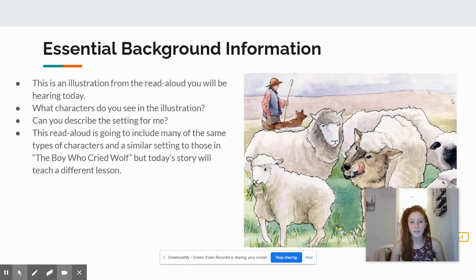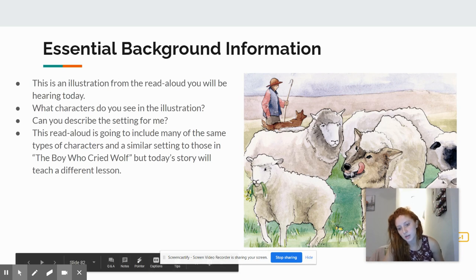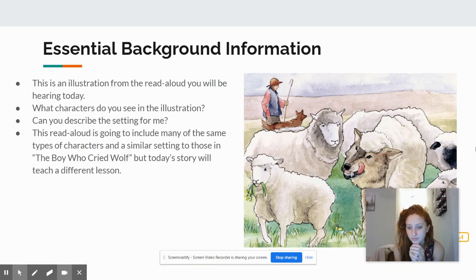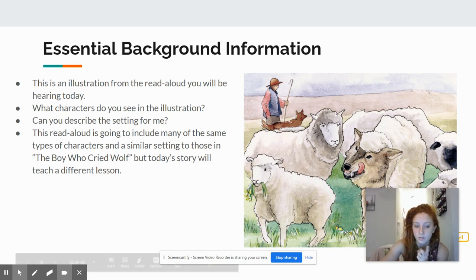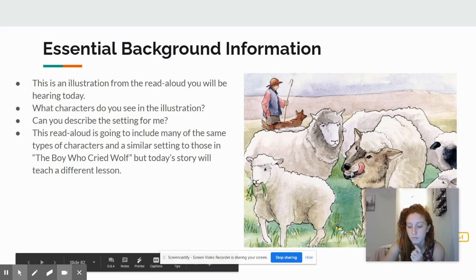All right. Moving right along. So in today's Read Aloud, you're going to see this picture right here, okay? And I want you to tell me, what characters do you see in this picture already? What do you see? Look carefully. Don't be tricked. I see some sheep, right? I see a shepherd.